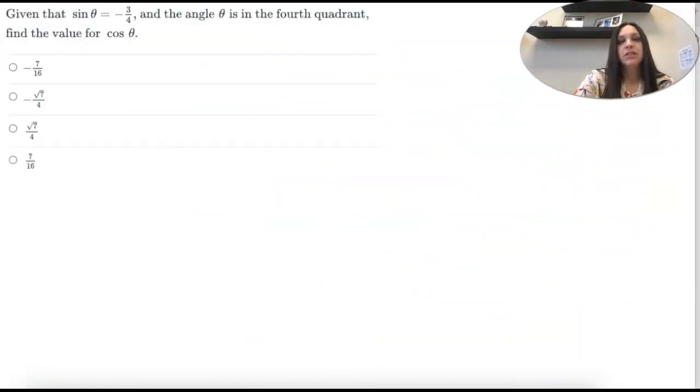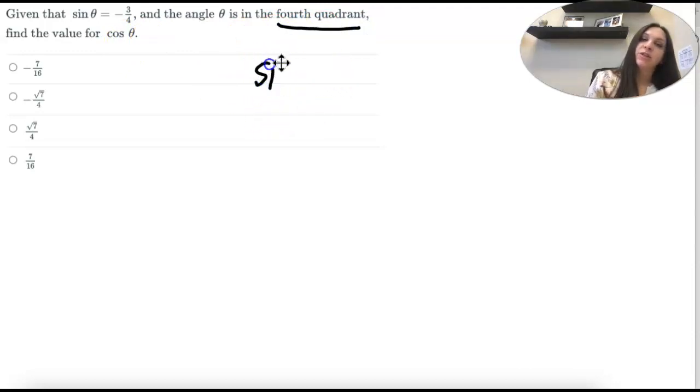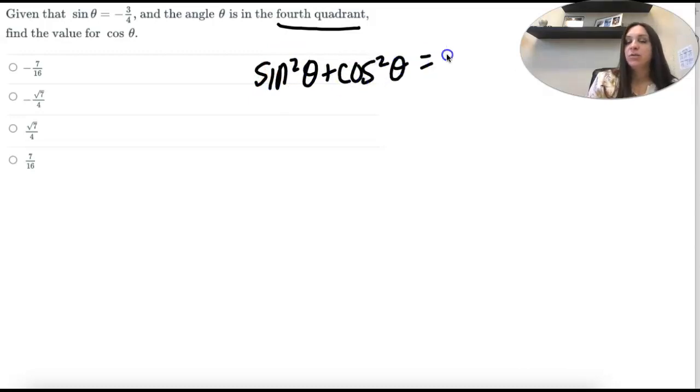Let's do another one. So sine is -3/4 in the fourth quadrant, find cosine. This one's not going to take as long because if we use the Pythagorean identity, it's already cosine there. We don't have to go find cotangent. So sine is -3/4, but we want to square it.